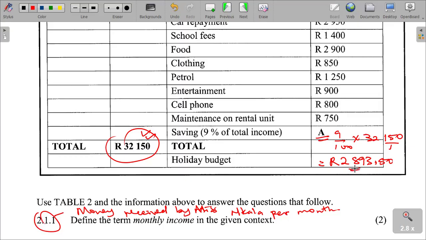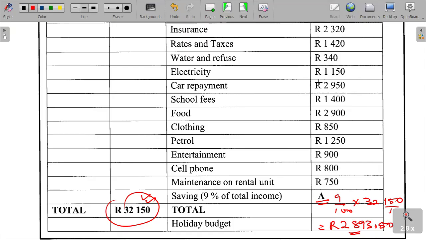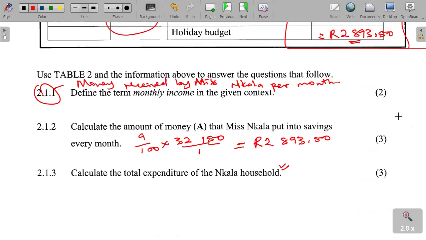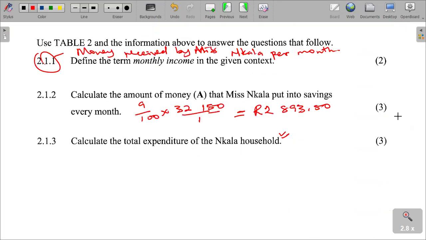So we are adding this whole column, from there up to here. That is our total expenses.